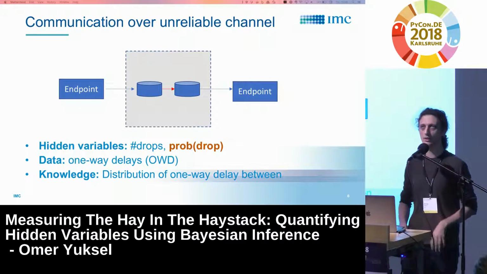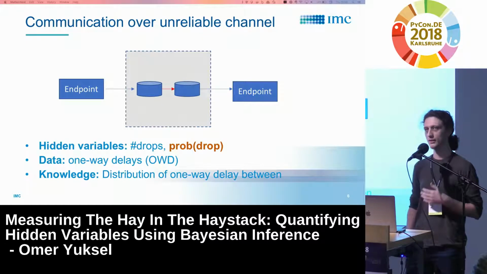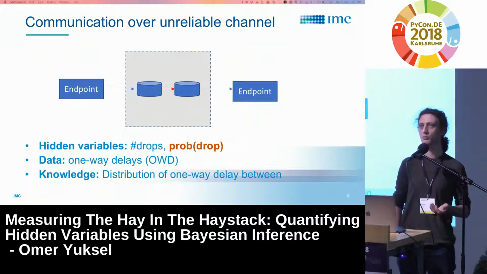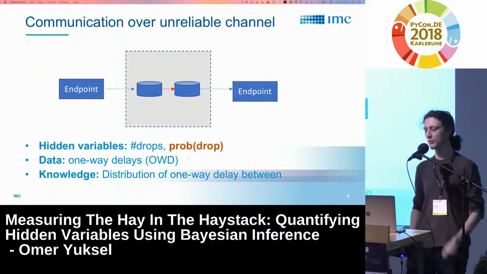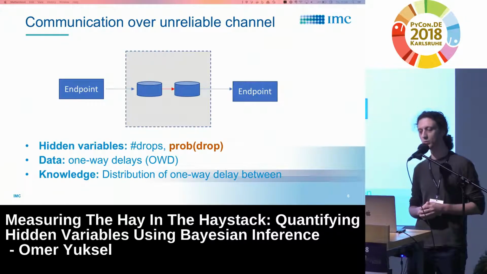So in this problem, the hidden variables we care about are either the number of drops for a given message, or the probability of dropping. In our case, the probability matters more because we use it to quantify the quality of the medium.